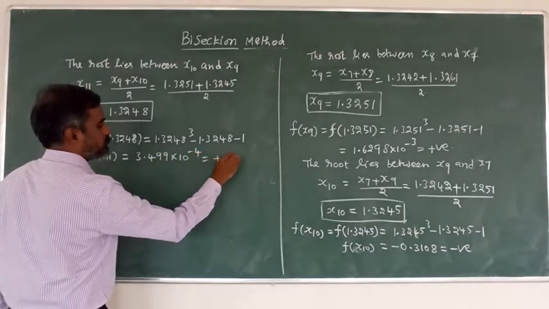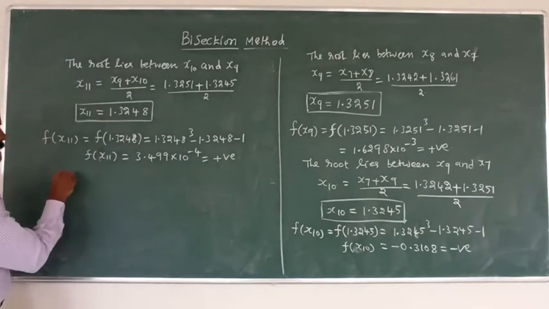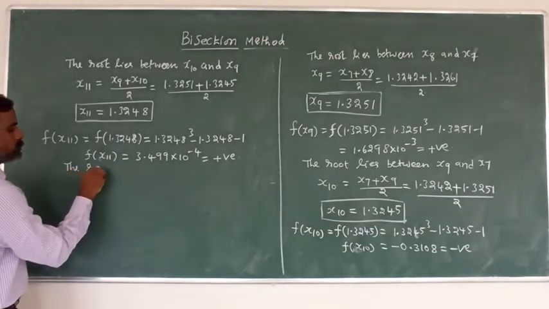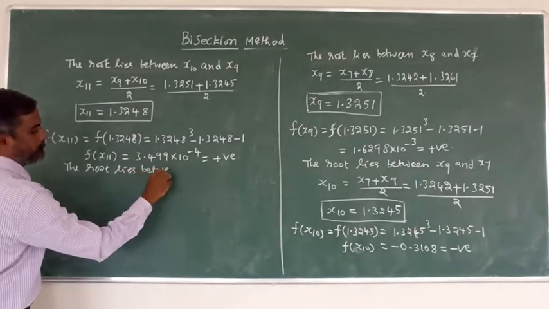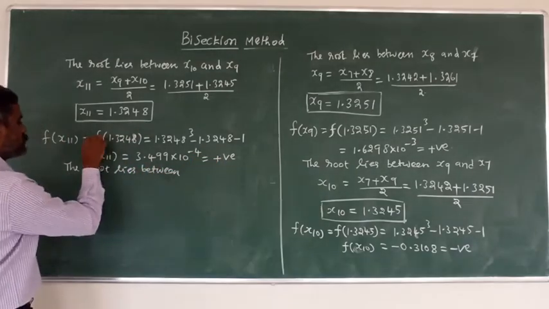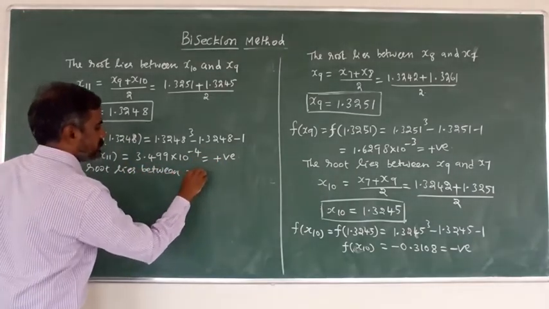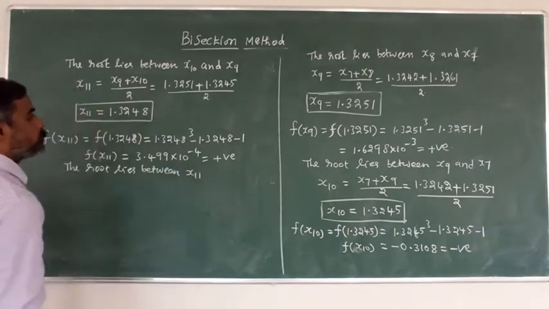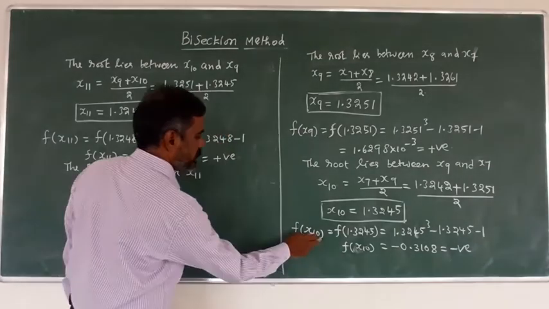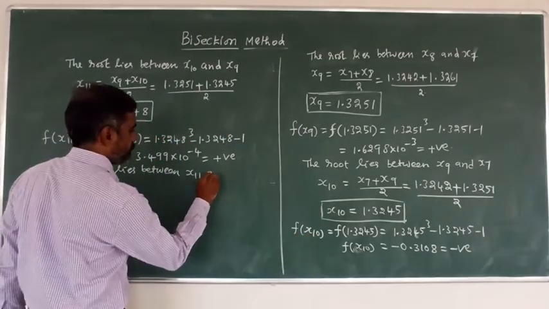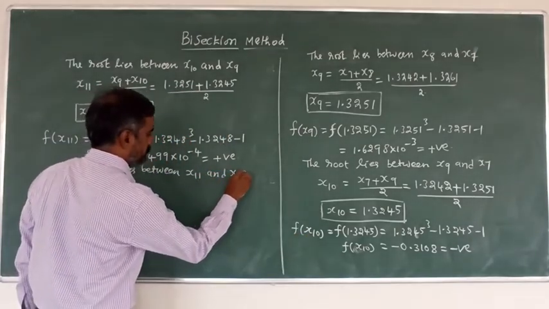This is a positive result. So the root lies between one positive result x11 and one negative result. The negative result we take is x10.